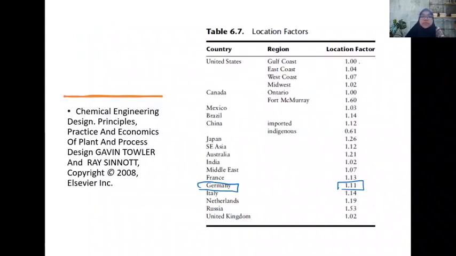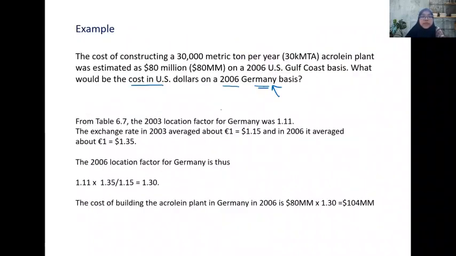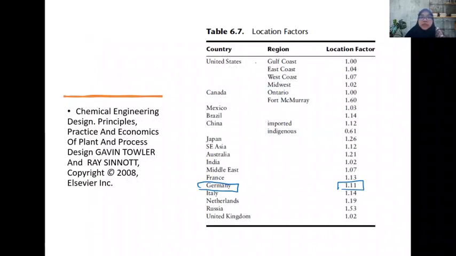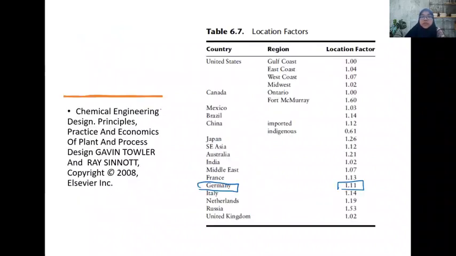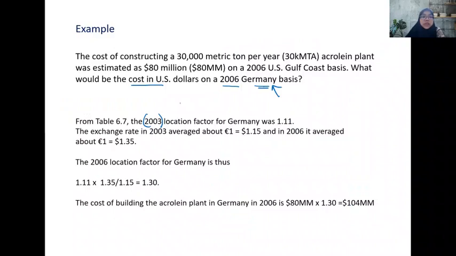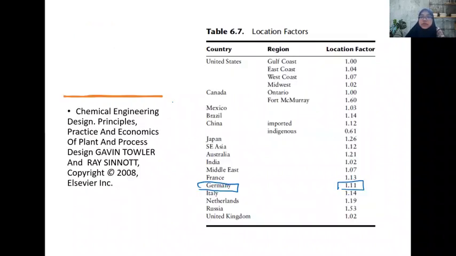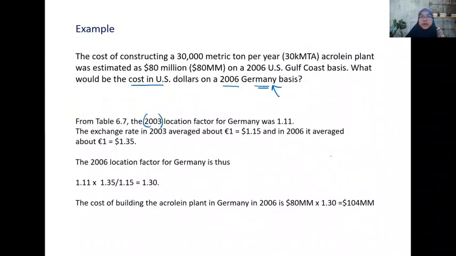So from Table 6.7, in 2003. Okay, maybe this is not mentioned, but based on the given problem here, it mentioned 2003. So I presume that the table is based on the year 2003. So in 2003, in Germany, the location factor is 1.11.